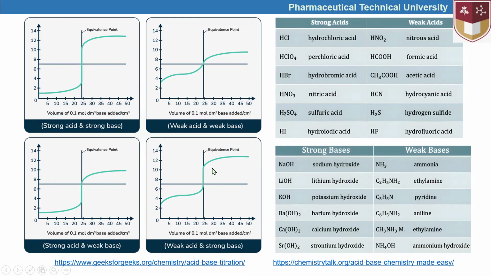I'm sorry, I said hydrochloric acid. I apologize, I didn't give an appropriate example. Here, the example can be acetic acid, a weak acid, plus sodium hydroxide. Since sodium hydroxide is a strong base, here we can see the jumping pH value by the addition of small concentration of strong base. So we need to take these things into consideration.